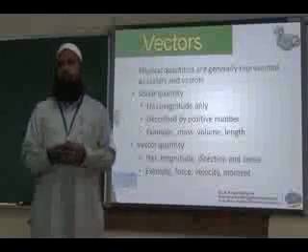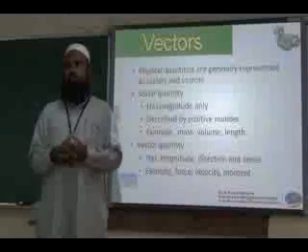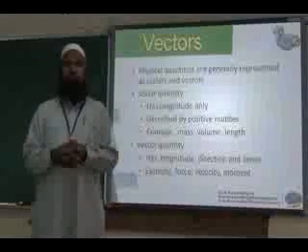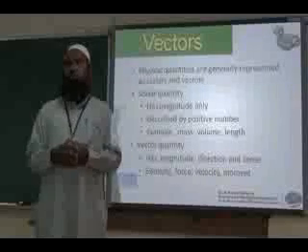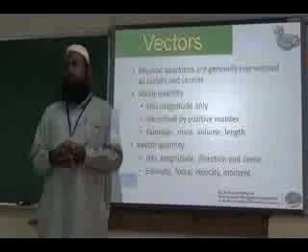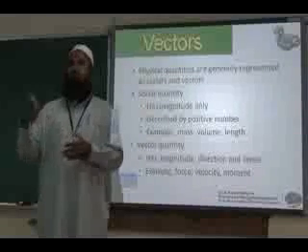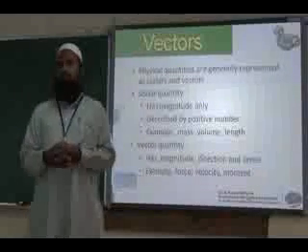Then we saw some basic concepts, starting with the three basic quantities of engineering mechanics: length, mass and time. These are needed in our analysis.